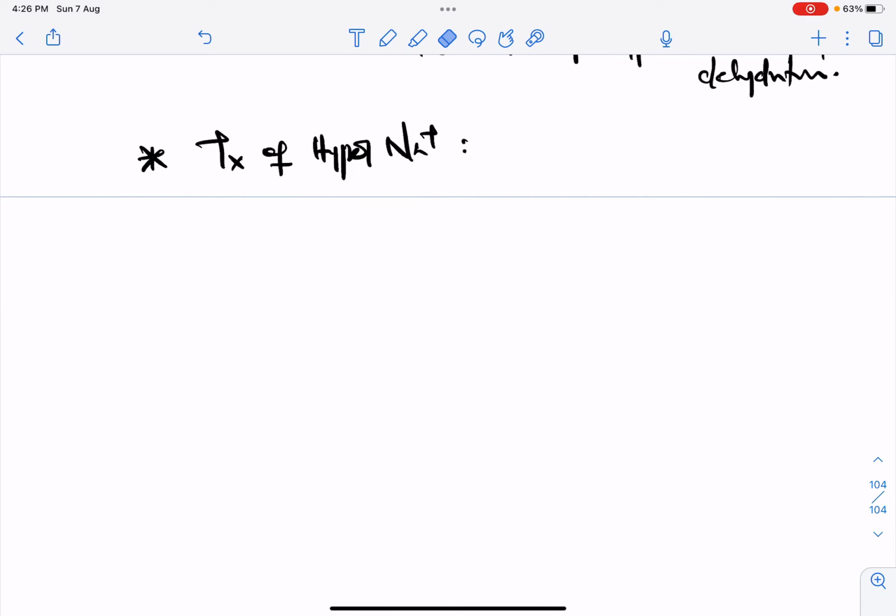So the first step in the treatment part is the volume deficit should be treated.